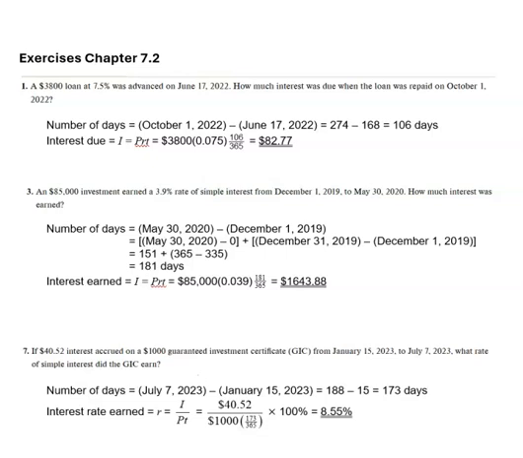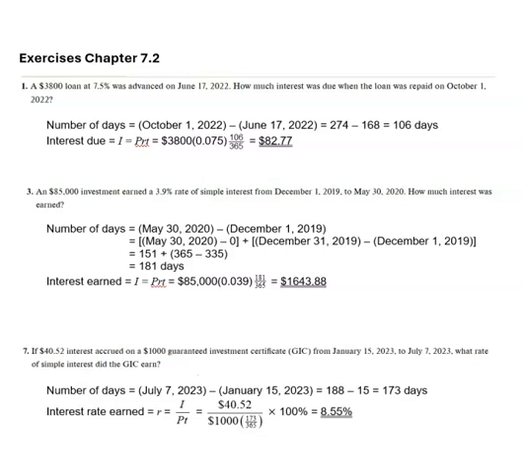Okay, so the number of days, we have October 1st, 2022 minus June 17th, 2022. Okay, so if you look at the chart, October 1st is your 274, June 17th is your 168. That equals 106 days. And then we want to figure out the interest. So interest is I equals PRT.